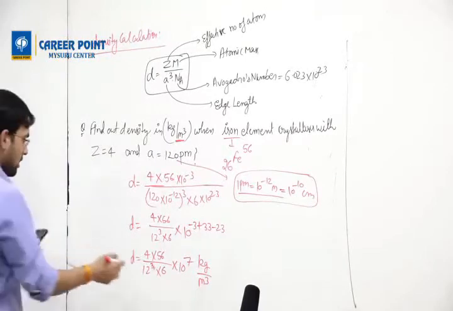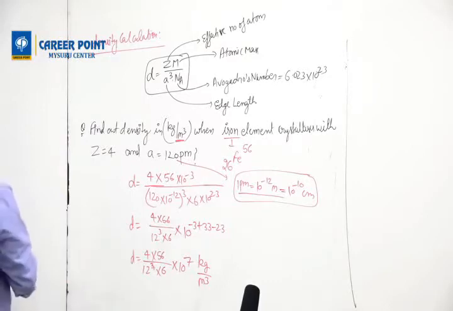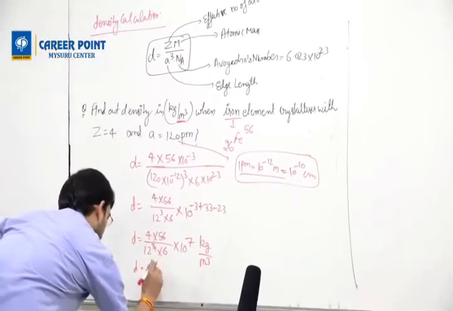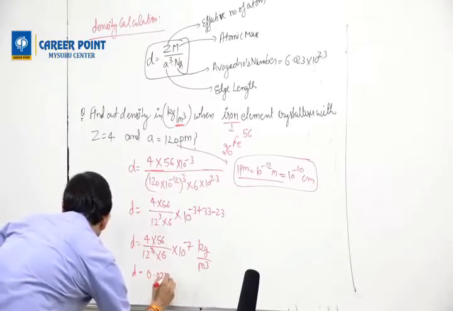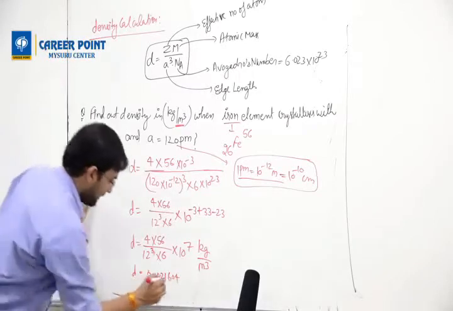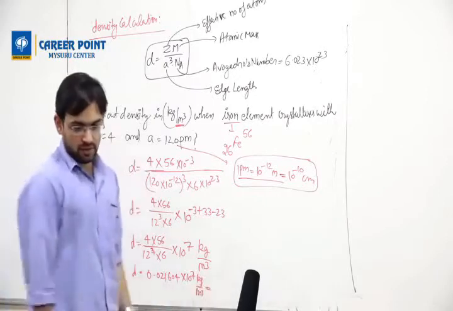Now you need to solve this factor. While solving this factor, I'll tell you how much we get. So we multiply 4 into 56 divided by 12 cube divided by 6. We will get density as 0.021604 into 10 power 7 kg per meter cube.